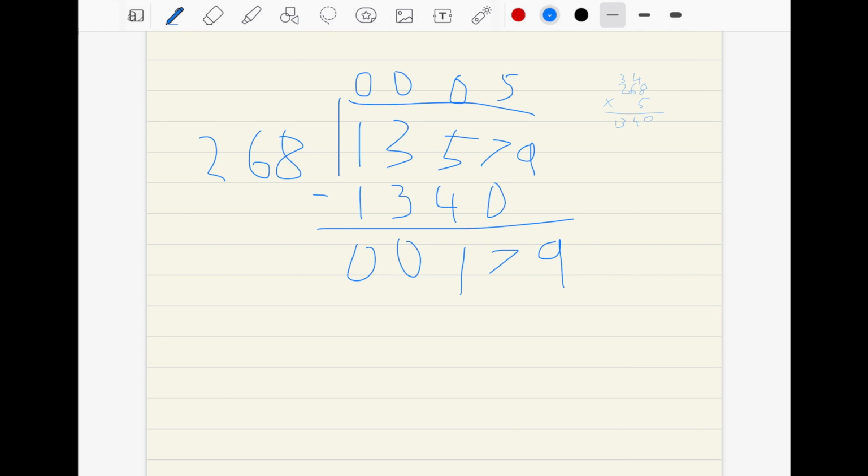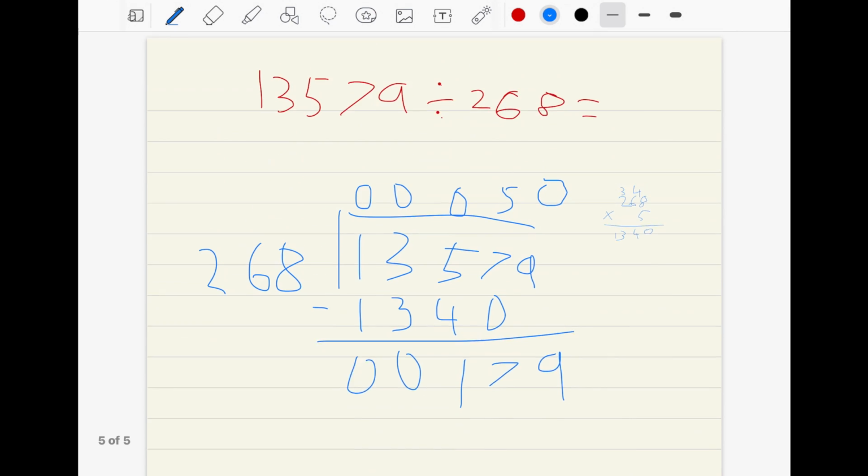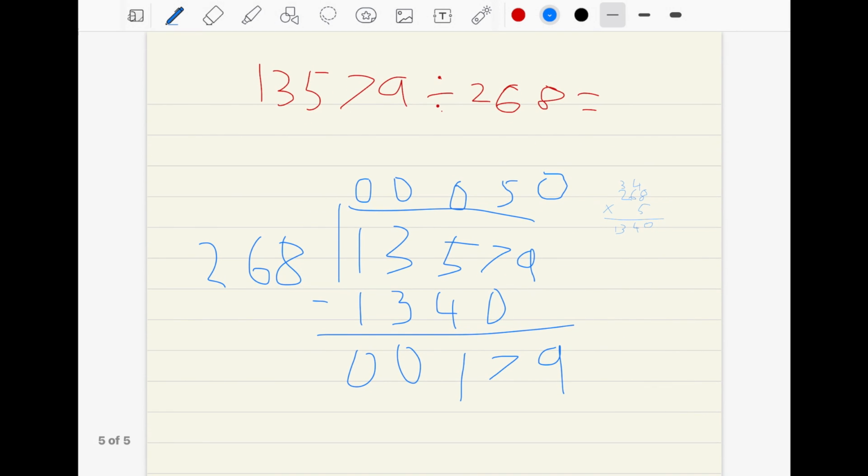I finally made that sentence make sense. So 179 is smaller than 268, so we write a 0 next to the 5 at the top. So then the answer is 50, remainder 179.